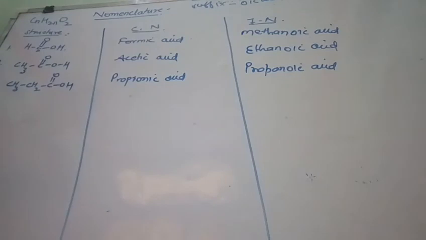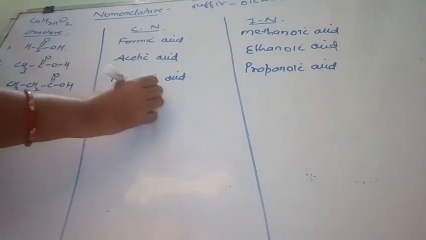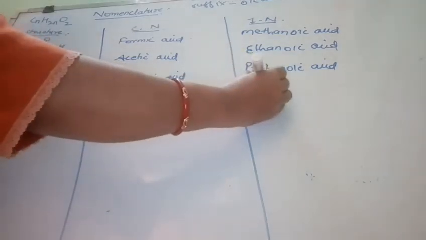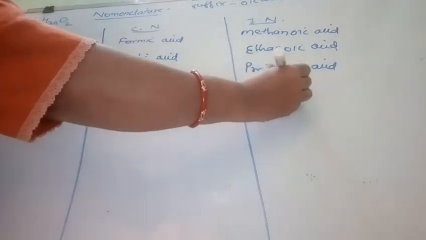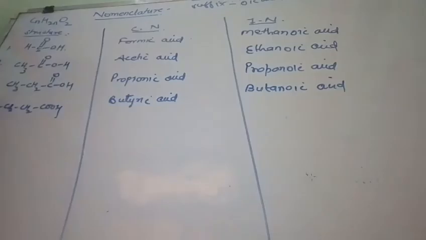Propionic acid, right? Then the 4 carbon containing compound is known as butyric acid. Butyric acid is the common name, and butanoic acid is its IUPAC name.